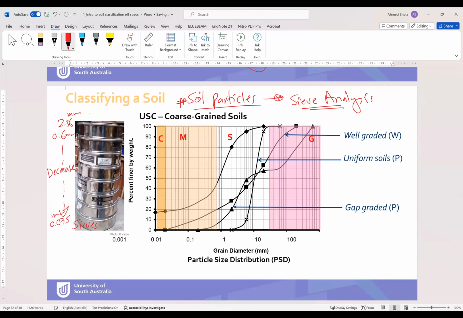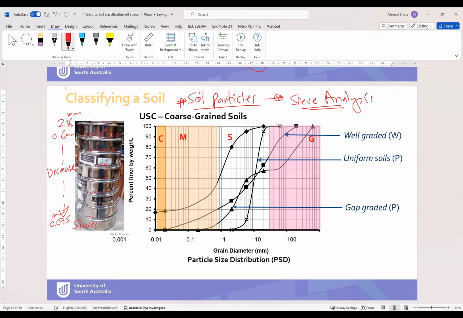This means that when you put the soil, some particles will be retained here, some here, and so on. Some particles pass through the 2.36, some pass through 0.6, some pass through the next one, and the remaining particles will be retained on the 0.075 millimeter sieve.